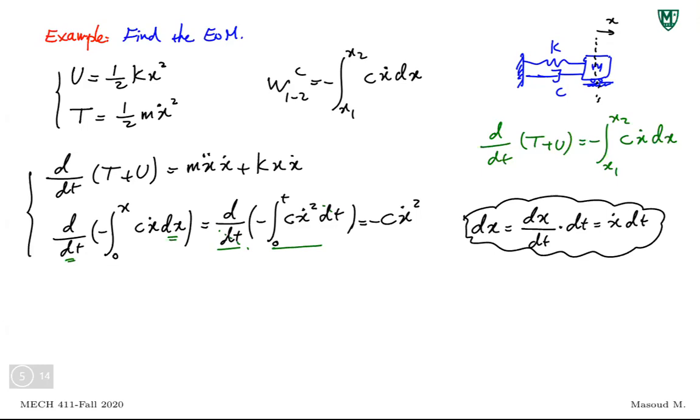Now I can use this and form the equation. The left side is m x double dot x dot plus k x x dot, if I didn't make any mistake, is equal to minus c x dot squared. Now just put things together.